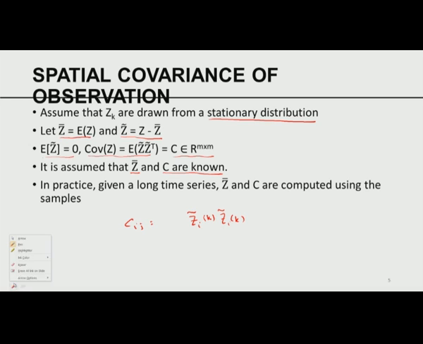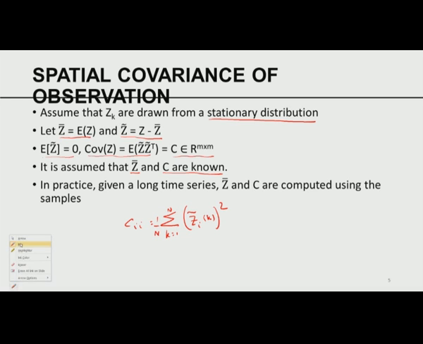I can simply square the anomaly and sum it over k equals 1 to n, and this will give me, this is not ij, this is ii. So that is the variance at a given station.